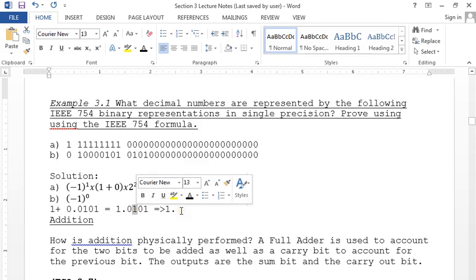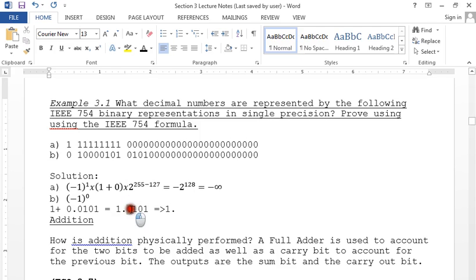It's after the decimal point, so it's negative. 2 to the negative 1. Exactly right. So 2 to the negative 1 is what? 1 over 2 is 0.5. And it's a 0.